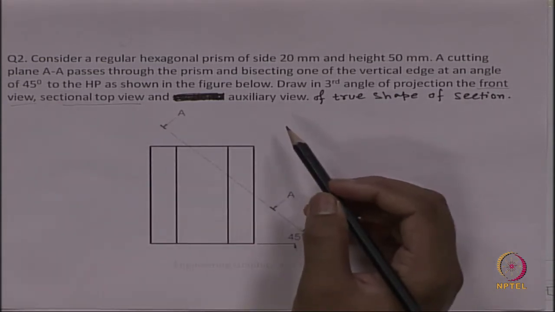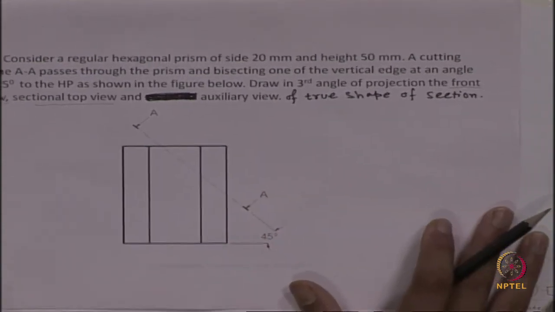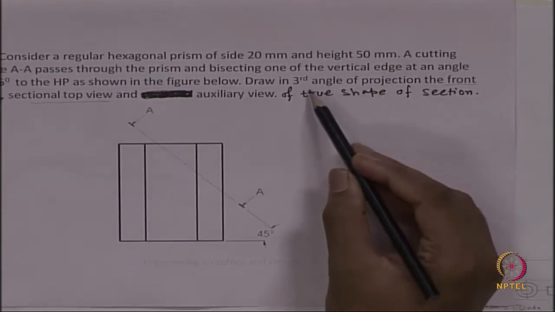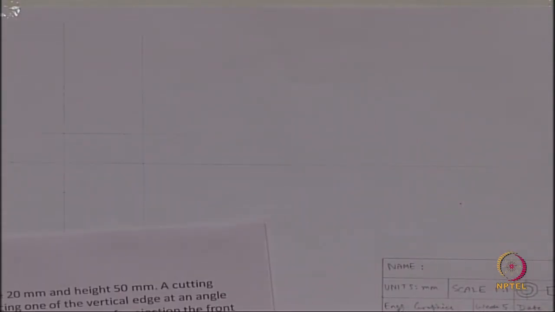The rest of the things I will explain once I start the drawing. We have to draw in third angle projection. We have already prepared our sheet using the third angle projection sign, and the unit is millimeter.